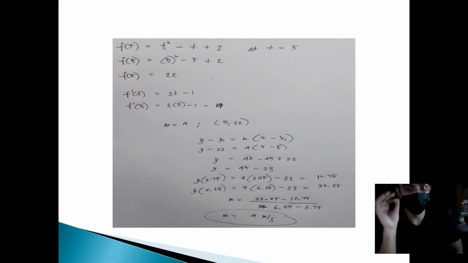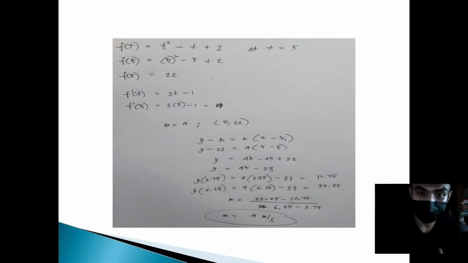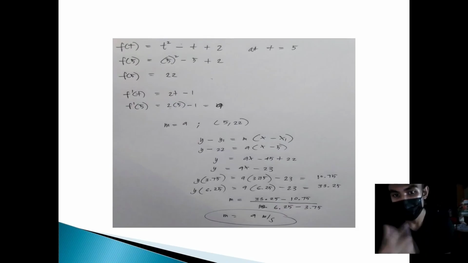So we're going to substitute that to y is equal to 9x minus 23. That's the formula for the tangent line. 9 times 3.75 minus 23 is equal to 10.75, and then 9 times 6.25 minus 23 is equal to 33.25.